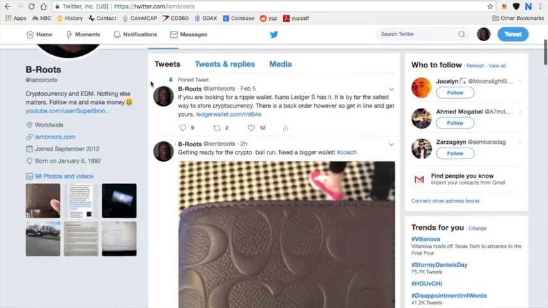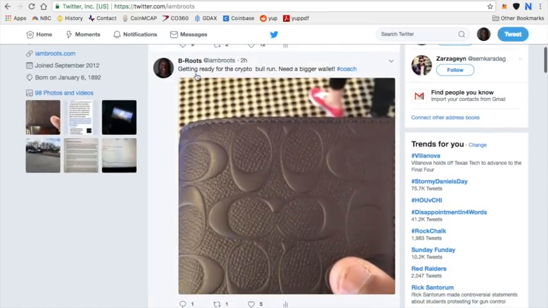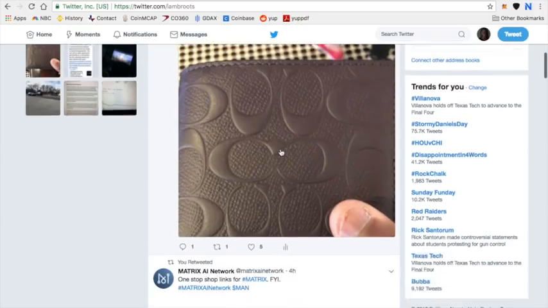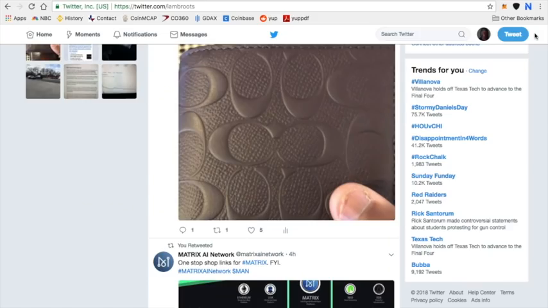Well, if you follow me on Twitter at IMBRoots, I said it right here. I'm getting ready for the crypto bull run, and I needed myself a bigger wallet. There's my little Coach wallet right there, and I upgraded to a bigger wallet because I am going to cash in big with the bull run that's coming within the next couple of months.